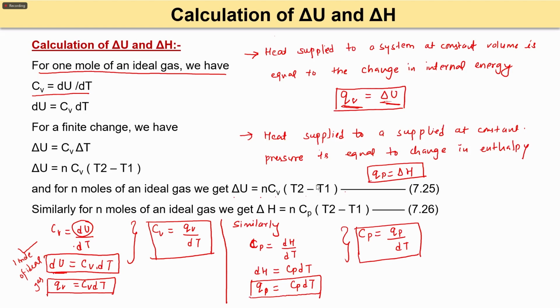So this is how we will calculate delta U, where the values of Cp or Cv are given, and the temperature difference, or the initial and final temperature, is given, and the moles are given. If it is not given, then we will have to calculate the moles. This is how we will calculate delta U and delta H.